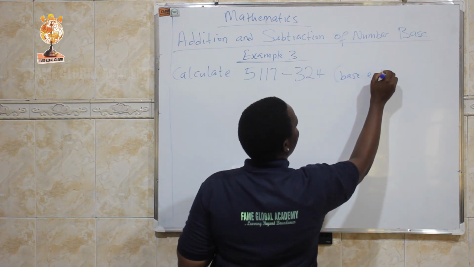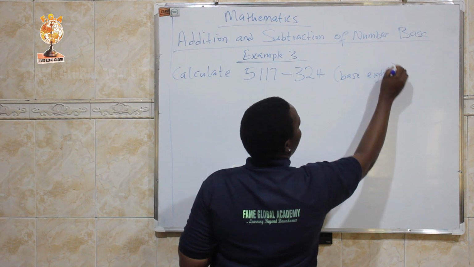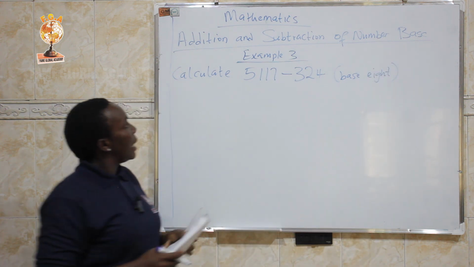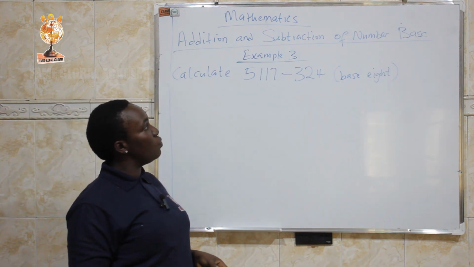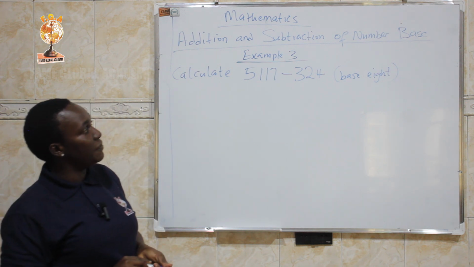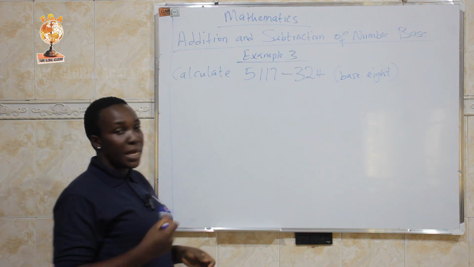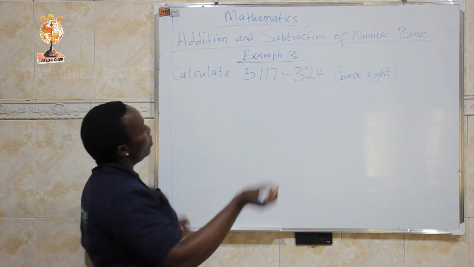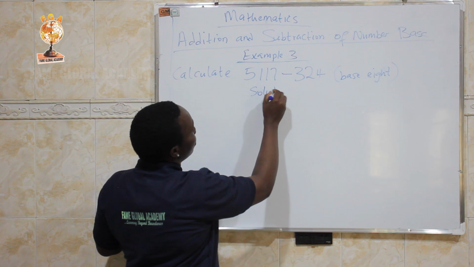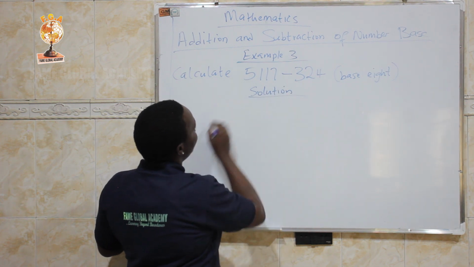Base 8. Calculate 5117 minus 324 in base what? 8. Okay, so solution, we arrange it as usual.